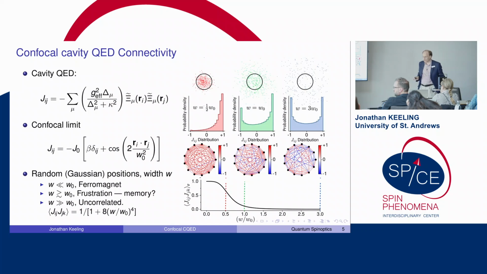And you can start to ask questions about, are these Jijs truly random, by asking questions such as, if I take Jij and Jjk with one site overlapping, are these matrix elements independent? And this, in fact, you can calculate analytically for this cosine interaction, and you find that this does fall off as you increase this distribution width, so this starts to look more random.